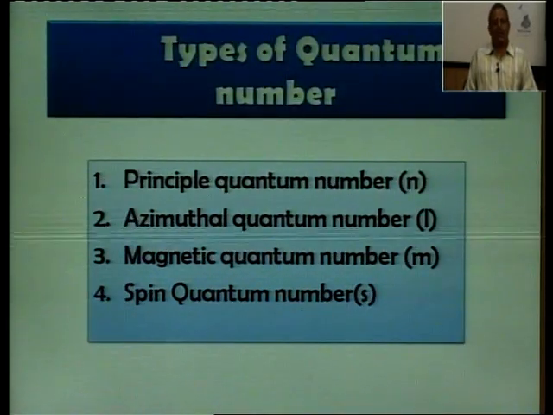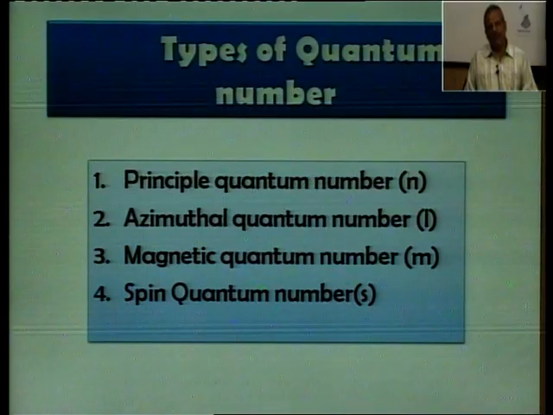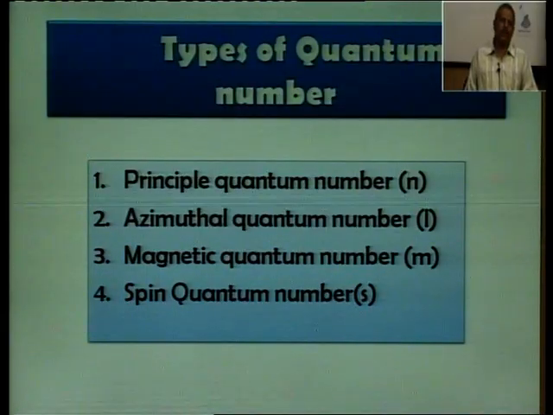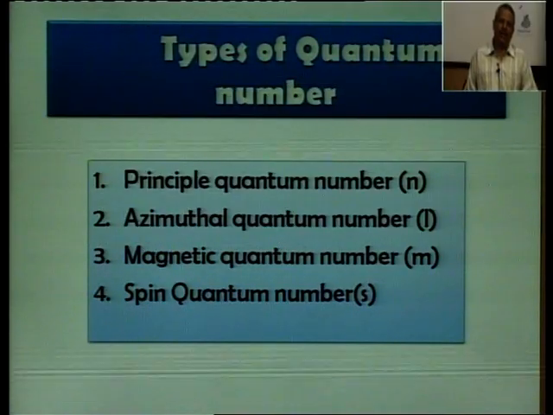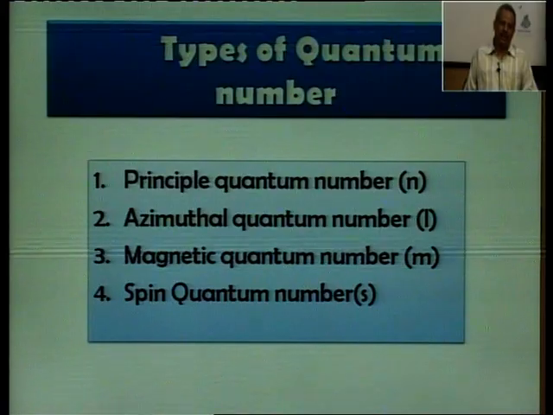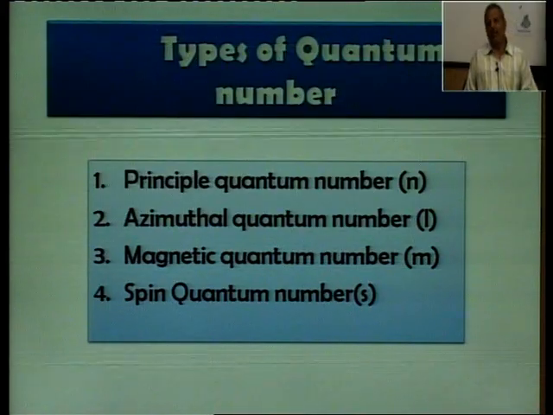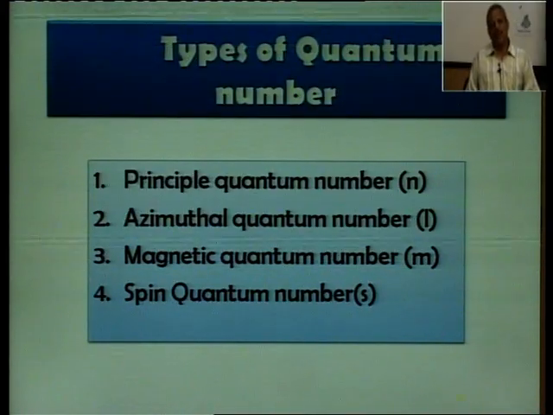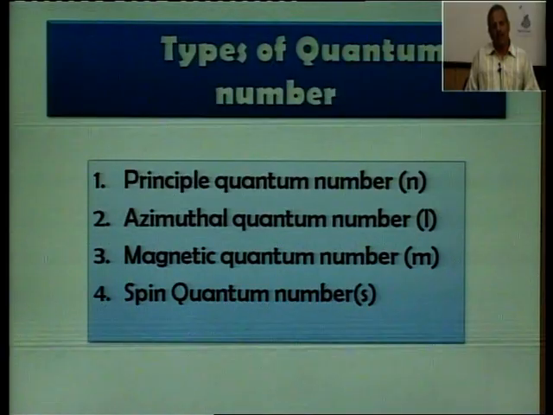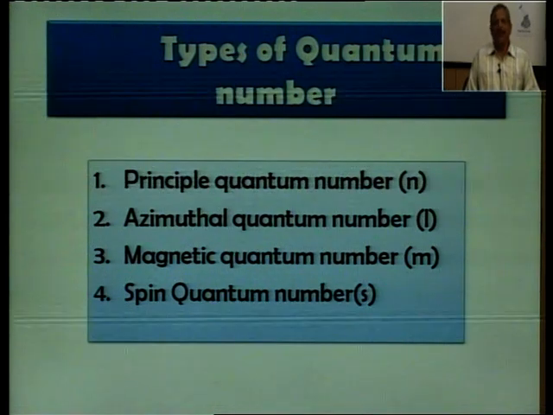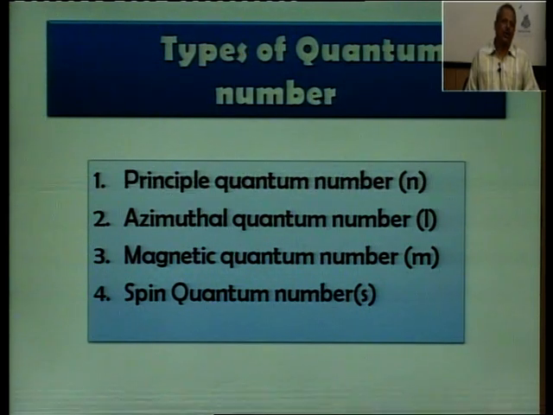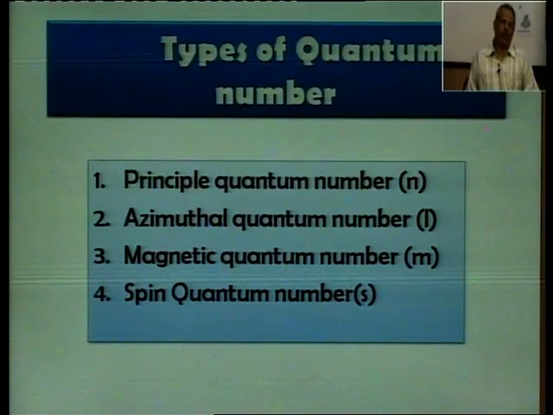The principal quantum number is represented by n. It tells us the major energy level of the electron in an atom, and it has values 1, 2, 3, 4, 5.